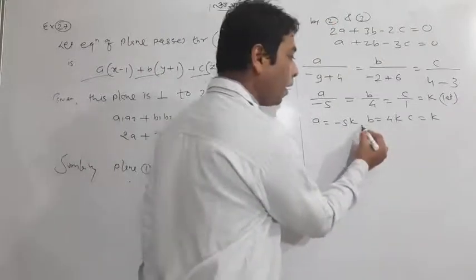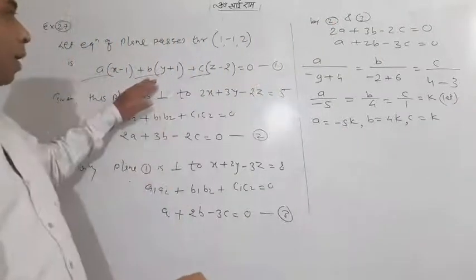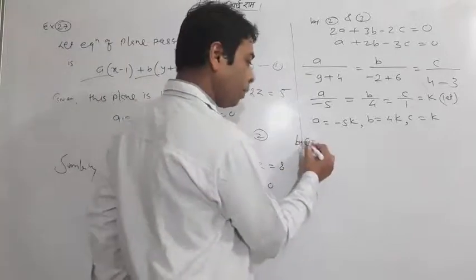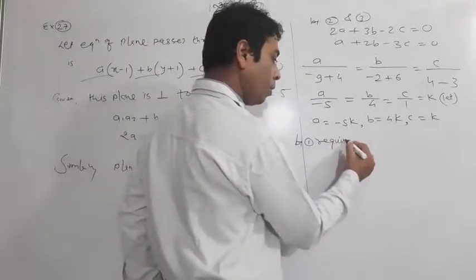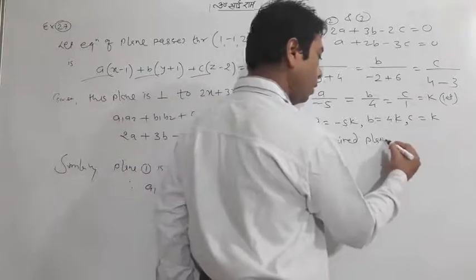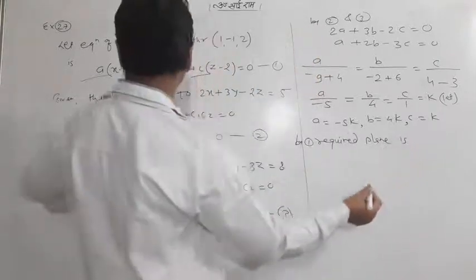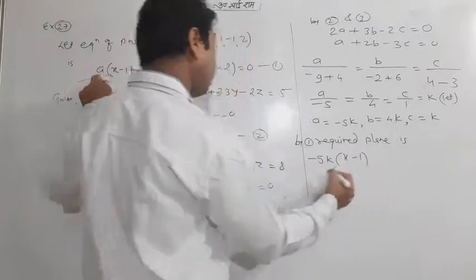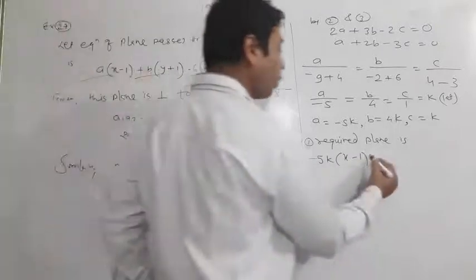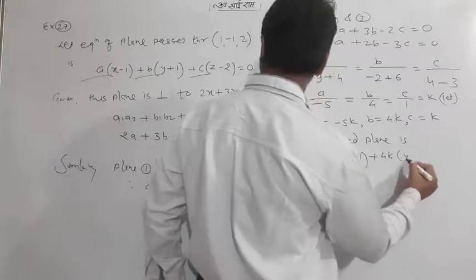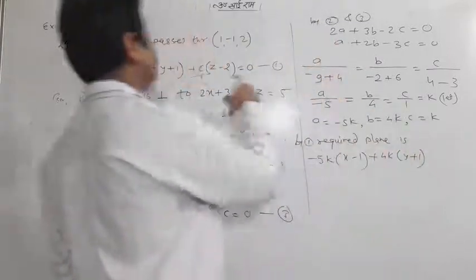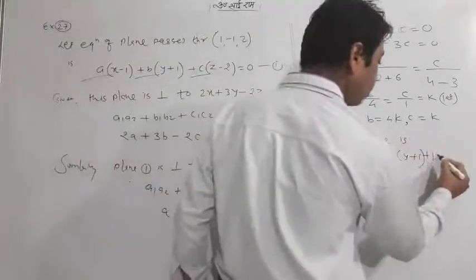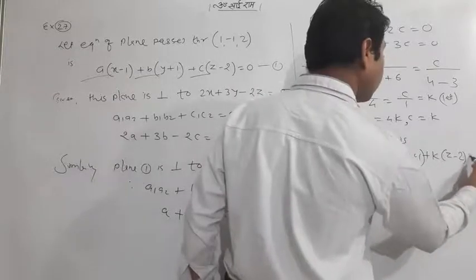So put all A, B and C in the answer. By equation 1, the required plane is: A meaning 5K, x minus 1; B meaning 4K, y plus 1; C meaning K, z minus 2, is equal to 0.